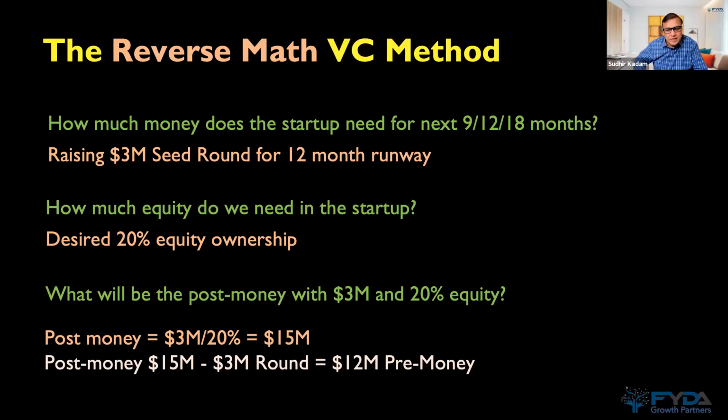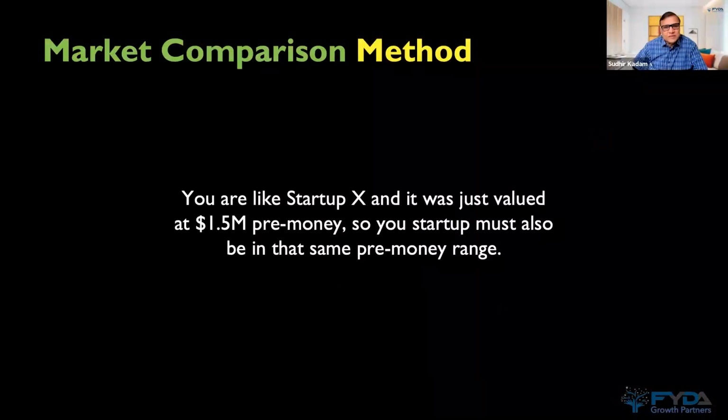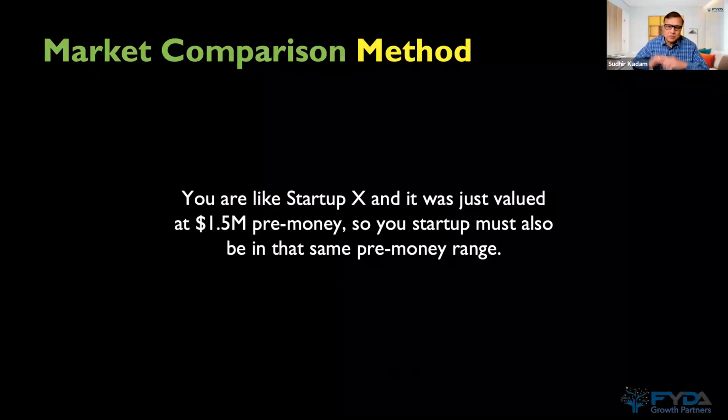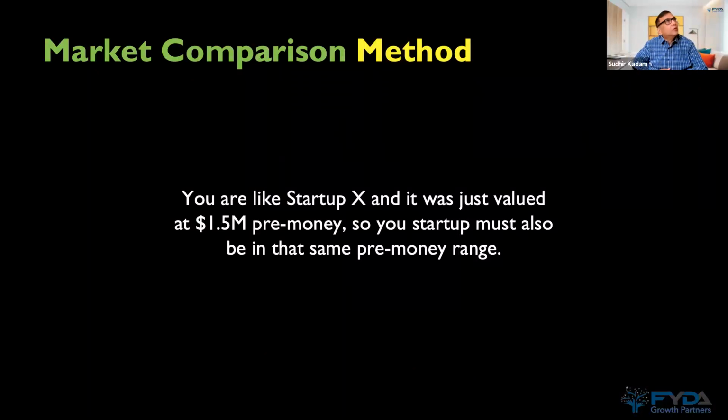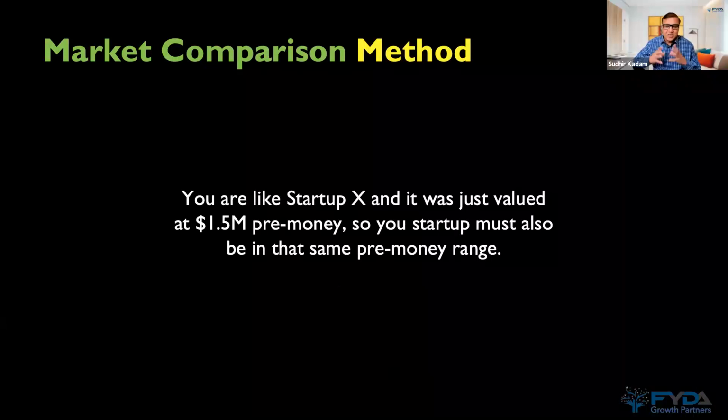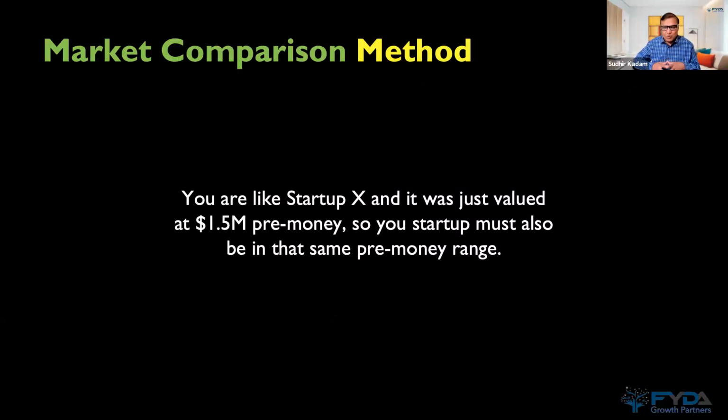Then there is another method. I'm going to cover this as the last method. I'm not going to go into other methods that are used, just to keep it simple, and because we have very little time here. So here is a method, a market comparison method. This is a comparison based on industry niche, founder experience, company location, traction, business model, whether B2B or B2C, the stage your startup is at, whether it is MVP, beta, early release, the funding so far that you have received, the valuation that other investors have done, and who your current investors are.